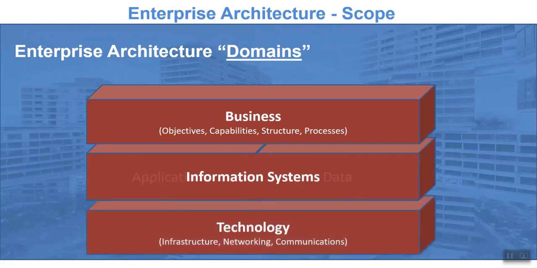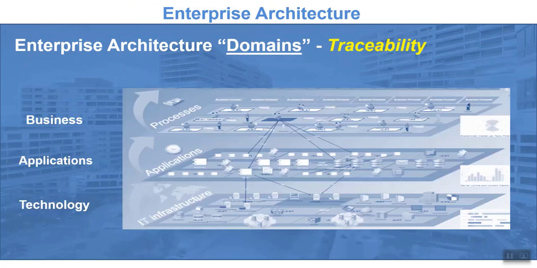At the third layer of defining an enterprise architecture comes the technology domain. This has to do with the infrastructure, the networking, and the communications that are used by this organization. A relationship between the different layers needs to be maintained, as I will explain now. To get value from an enterprise architecture definition, traceability has to be maintained between the different architecture layers.